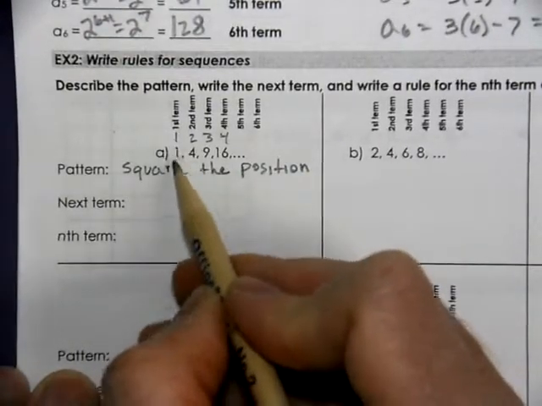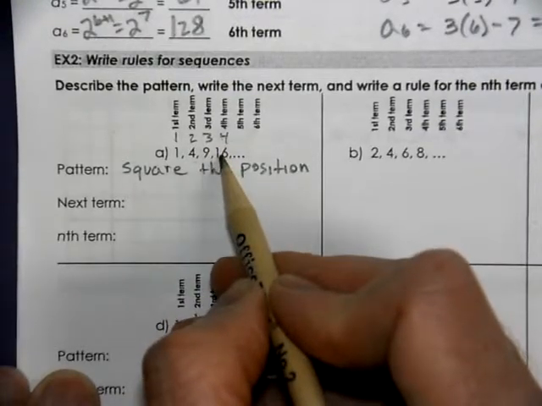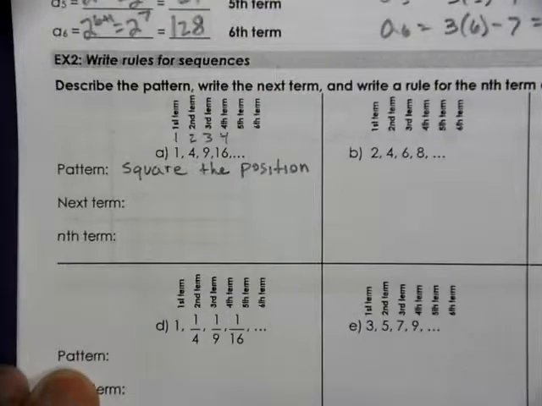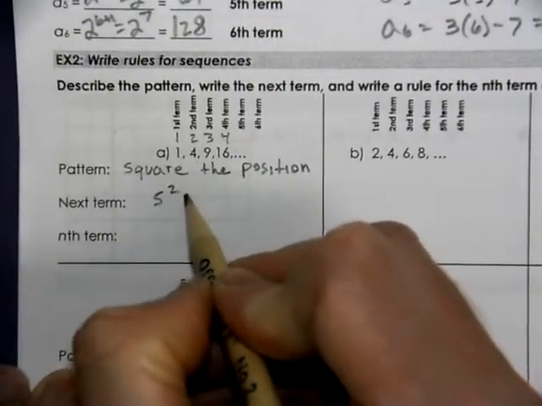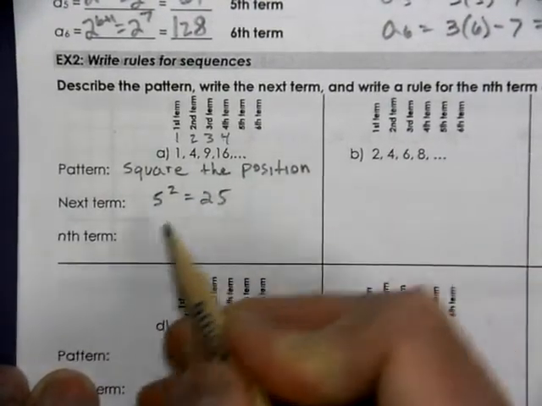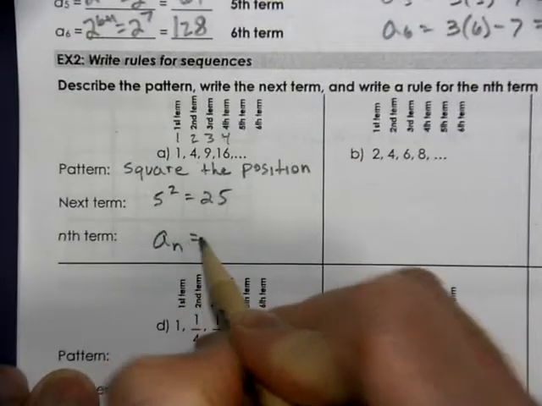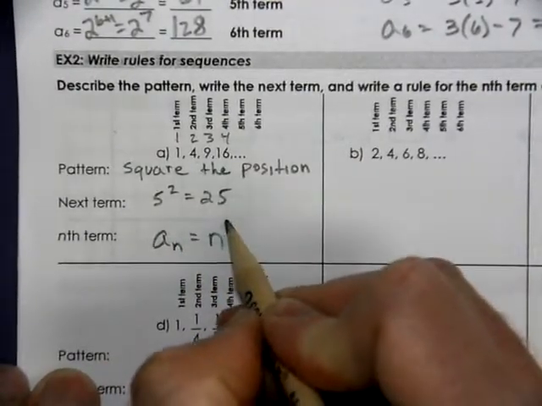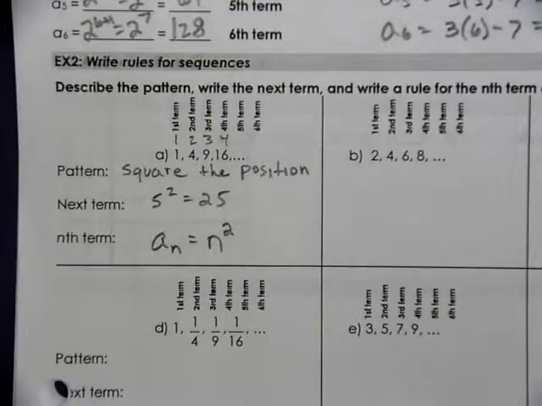So we get 1 squared, we get 2 squared, 3 squared, and 4 squared, and the ellipsis means it would continue on and on. So our next term is going to be 5 squared. So our rule to figure out the nth term, whatever term you're looking for, you're going to square its position. The n stands for the position.